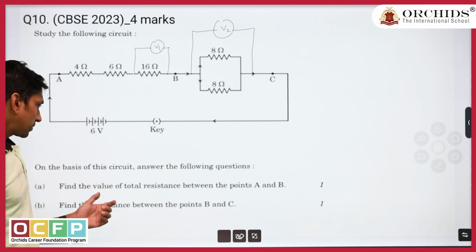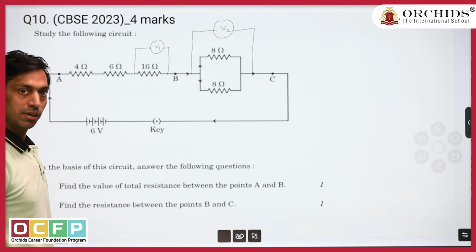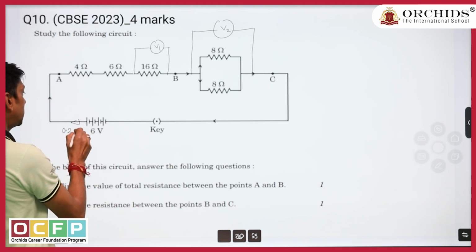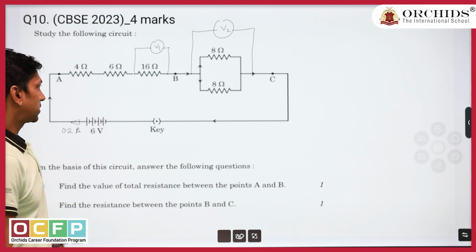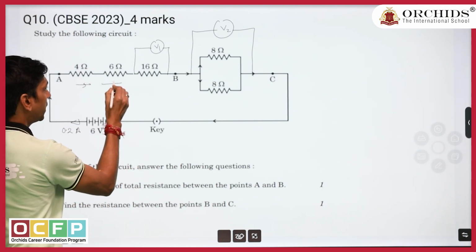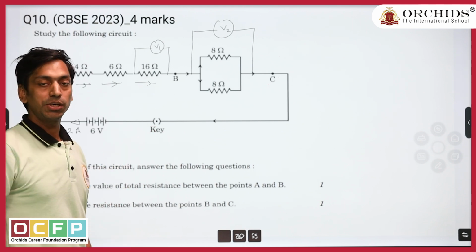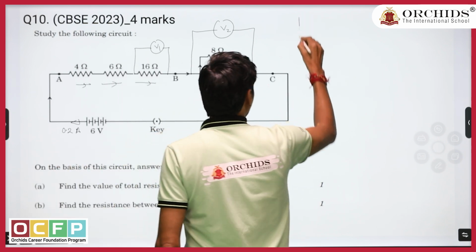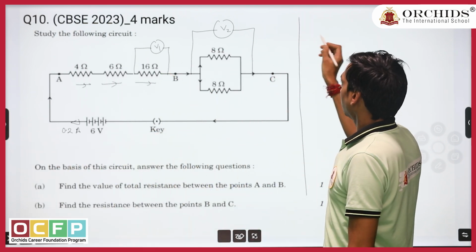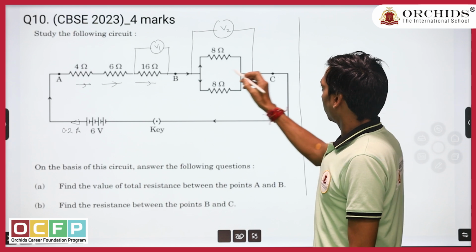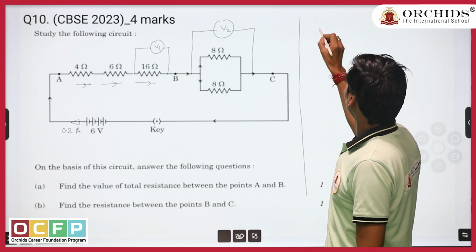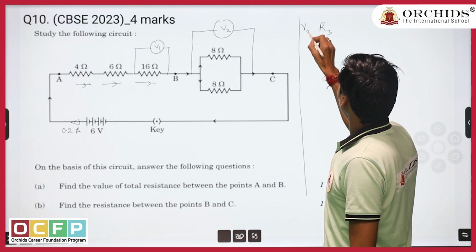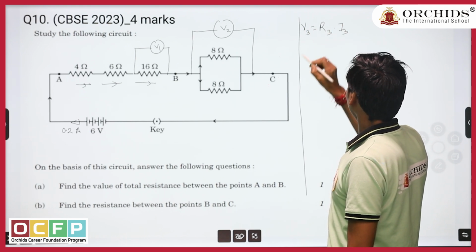In the first question, third part, we calculated that 0.2 ampere current is flowing through the circuit. That means 0.2 ampere current will flow through each resistor, because from A to B they are in series combination. If I apply Ohm's law to the 16 ohm resistor, which is R3, then V3 is equal to R3 into I3.